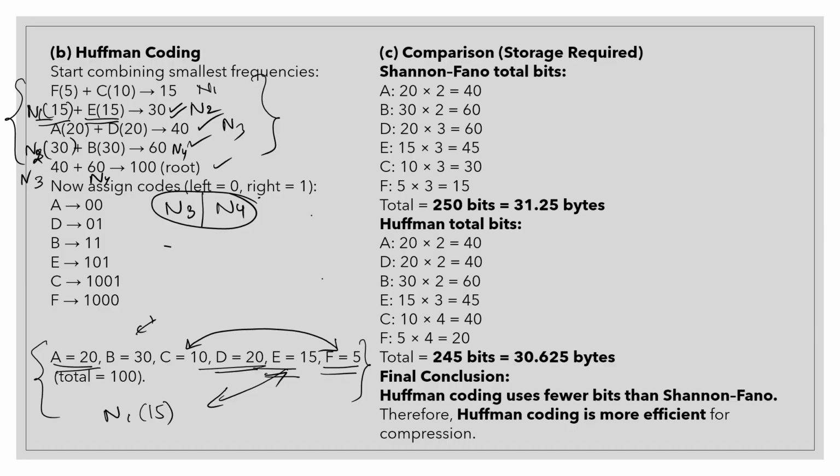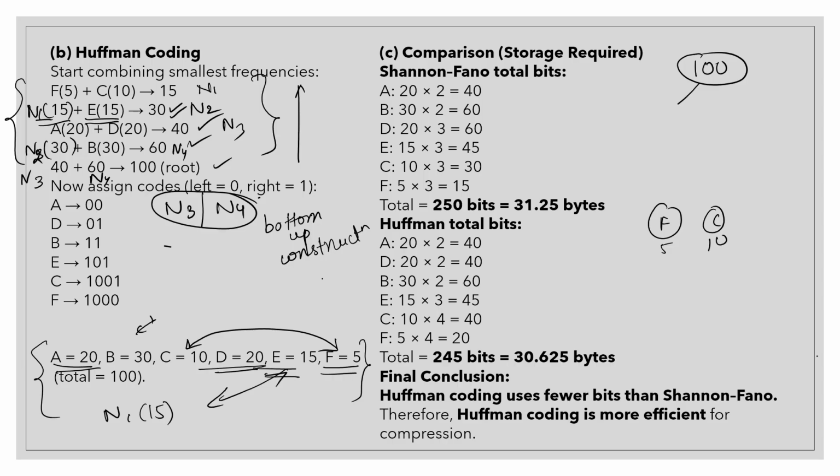Now in this case, in Huffman coding, you draw based on sum, like 100 is your total sum. You start formation of the tree using bottom-up construction. Like F and C are combined first. So F and C. F is 5, the smaller one to your left, bigger one to your right.